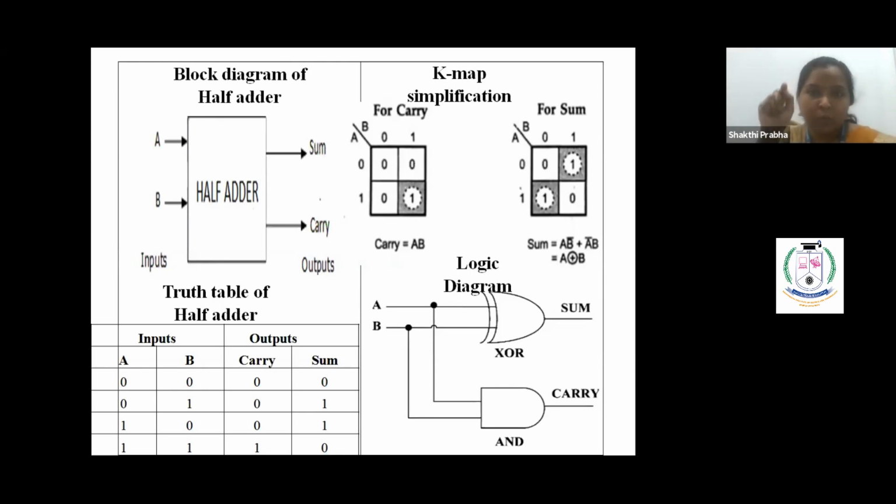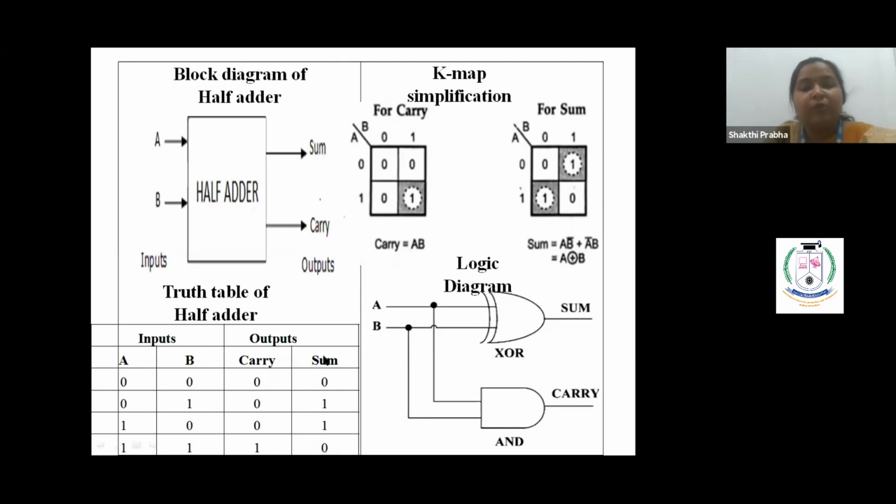It is 1, and the remainder is 0. So 0 you will be representing as the sum, and that 1 you will be carrying as the carry. So this is how you normally perform a binary addition. You perform repeated division.